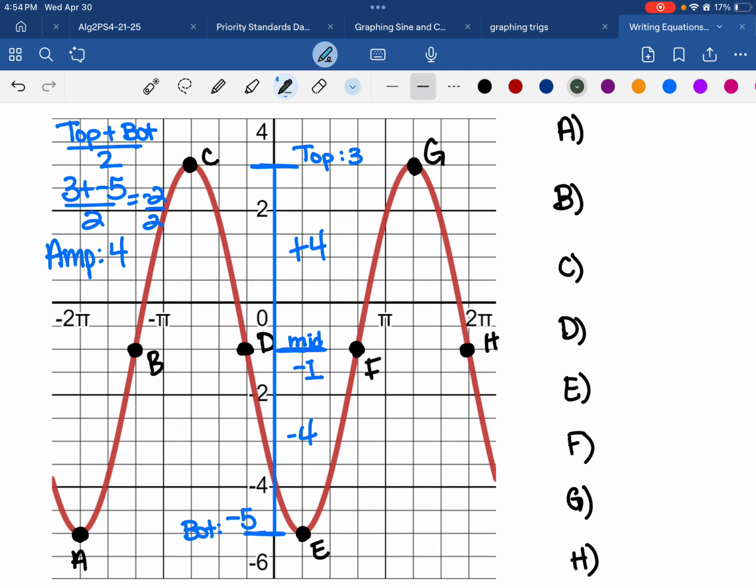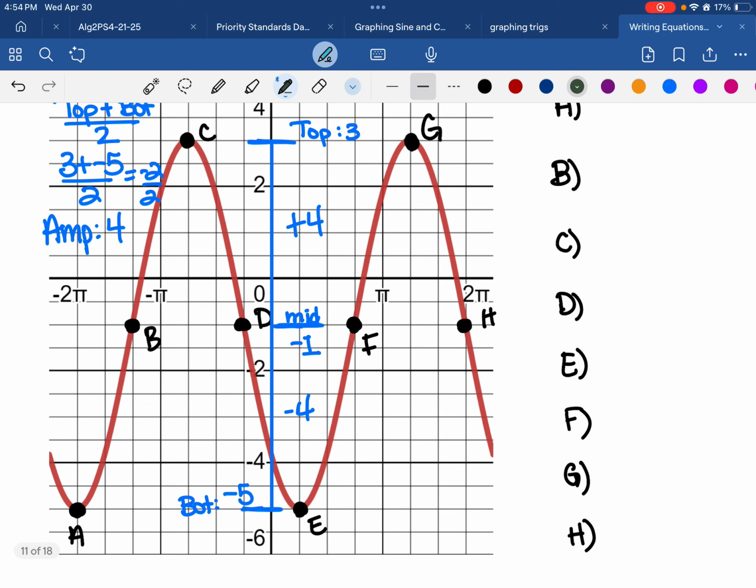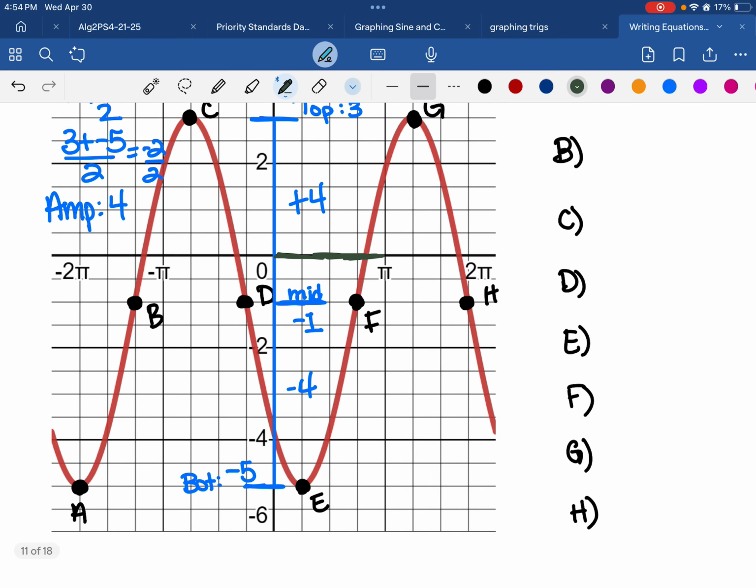There's a few ways you can do this. The first thing I want to look at is from 0 to pi. This is 4 blocks. So if 4 blocks equals pi, I can figure out what distances I have for other things.